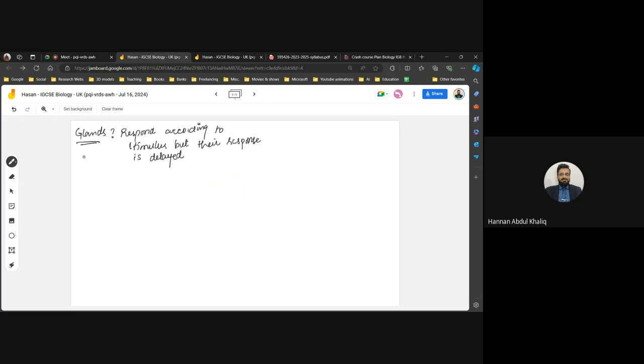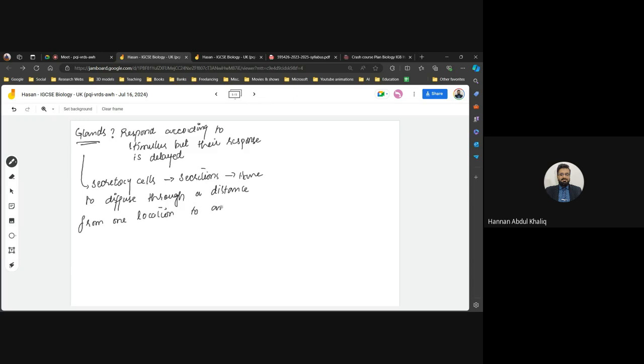Why? Remember that glands are secretory cells. And secretory means they have secretions. Secretions have to diffuse through a distance from one location to another.